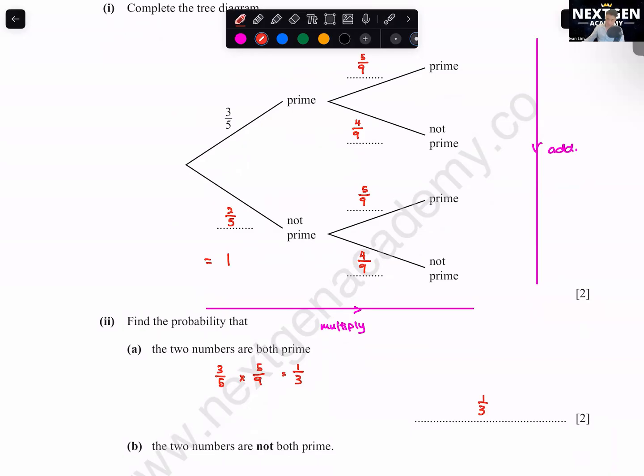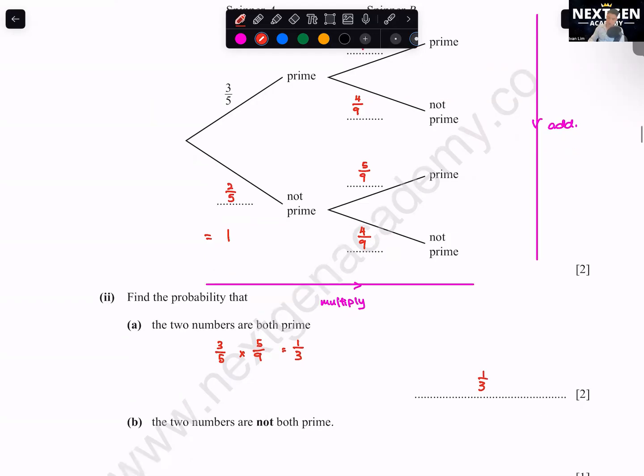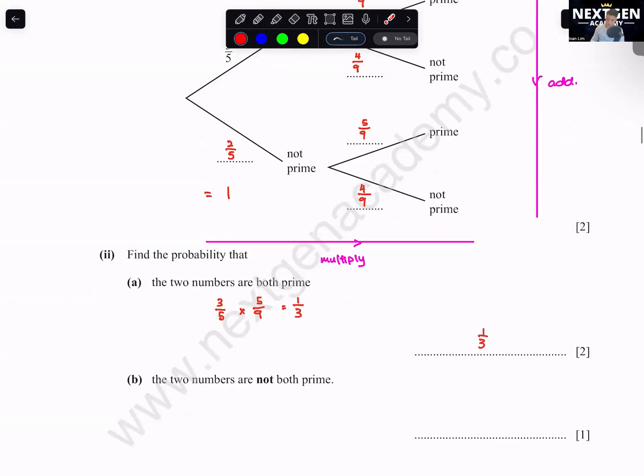Okay, question B. The 2 numbers are not both prime. Okay, how do we do this? Not both prime. Okay, for this, don't go and do not prime and not prime. I see actually quite a few of you just took this path. No, that's not what you do.